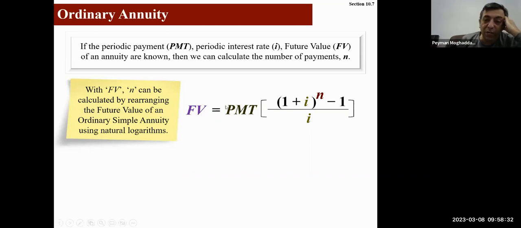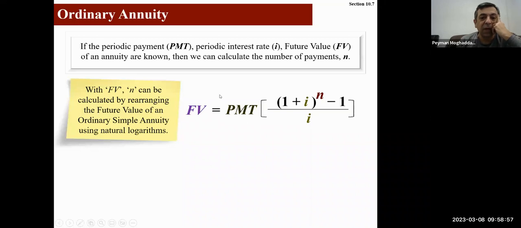So far, we learned how to calculate the future value if we know PMT, I, and N. We also know how to calculate PMT if we have FV, I, and N. Now there is one more thing we want to calculate. We want to know what's going to be the N.